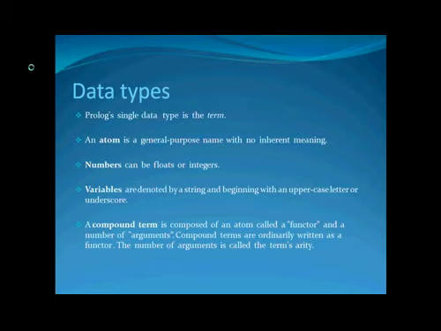Compound terms are ordinarily written as a functor followed by a comma-separated list of argument terms, which is contained in parentheses. The number of arguments is called the term's arity. An atom can be regarded as a compound term with arity 0.